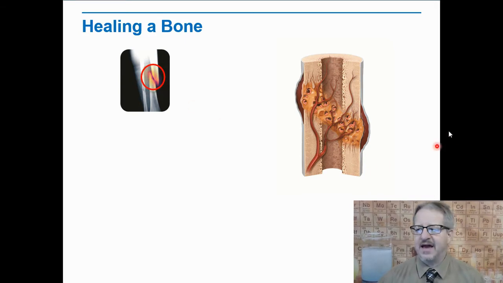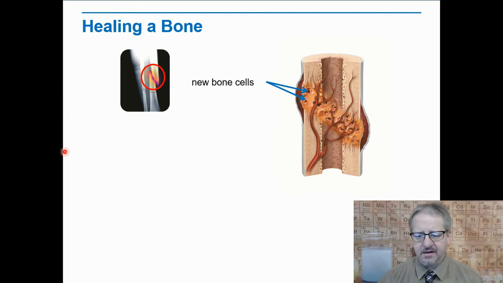And you can see that illustration of that same break right here and the process of it healing. So we get these new bone cells forming, and they keep forming from the outside towards the inside.